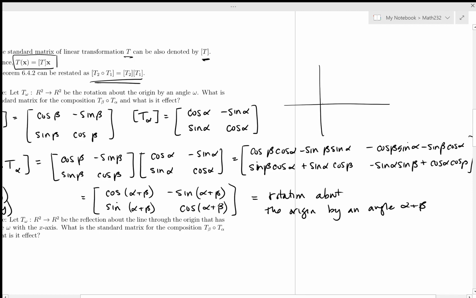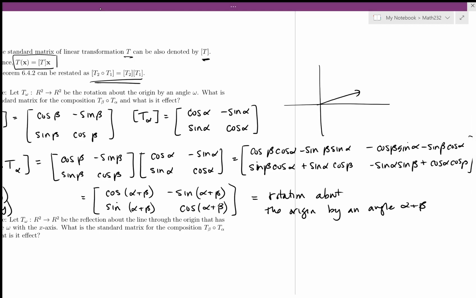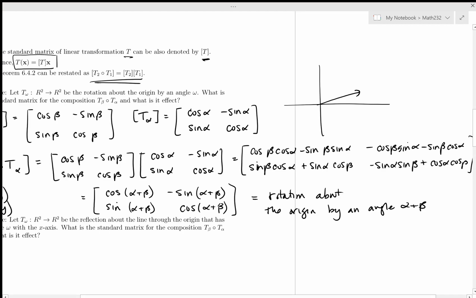Imagine I have some vector here, and I'll just draw what the composition looks like. I have that vector there. First thing I do is T alpha, which is a rotation by alpha. So this is my original vector v. Then this is T alpha of v, a rotation by alpha. Then I apply another rotation, and I go here by beta, like that. Now I'm going to apply T beta to T alpha of v.